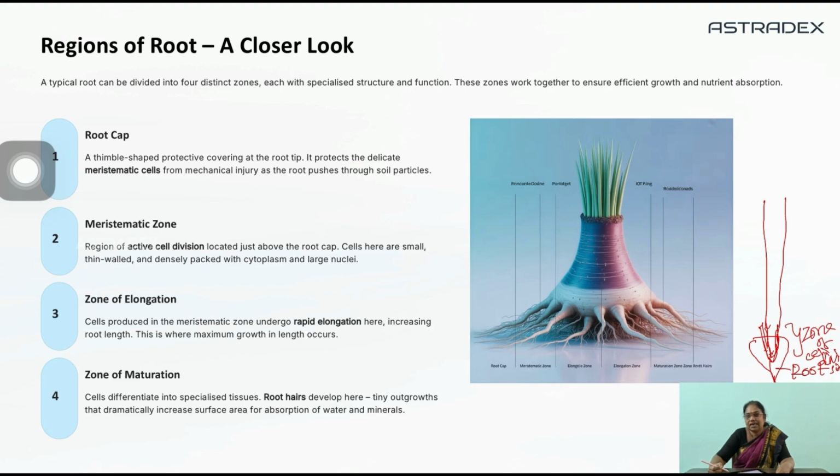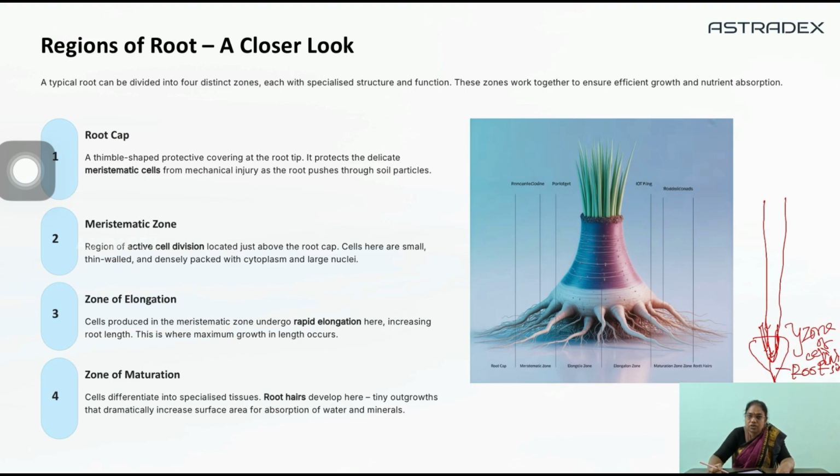Above the cell division region is the zone of elongation. Cells from the meristematic tissue undergo elongation. In this elongation zone, the root increases in growth.